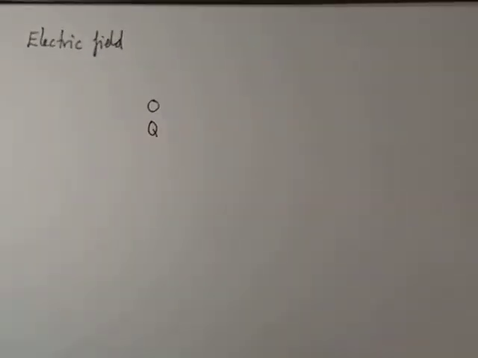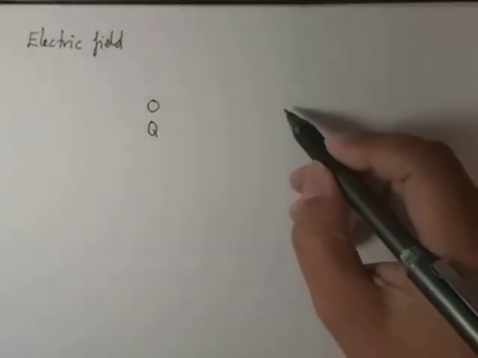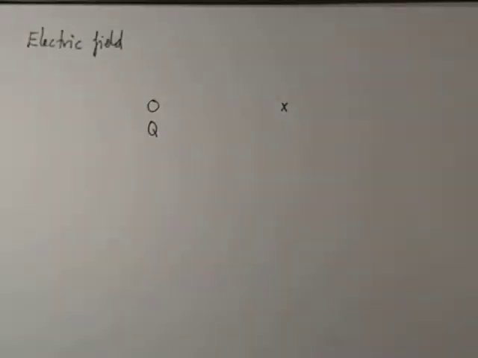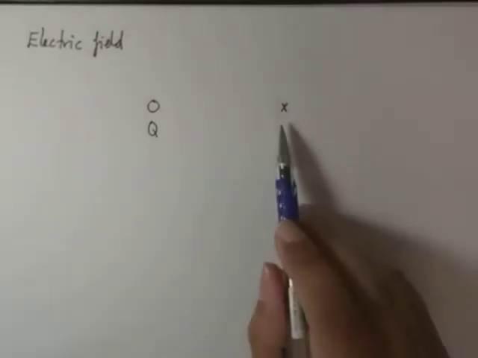So the issue now, what we'd like to understand, is the field generated by the source. For example, if I want to determine the field located at this position X, and we know that field as electric field. So that's the idea now. We want to determine the field at this particular location due to this point charge.